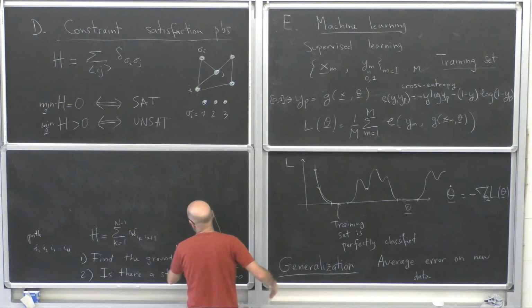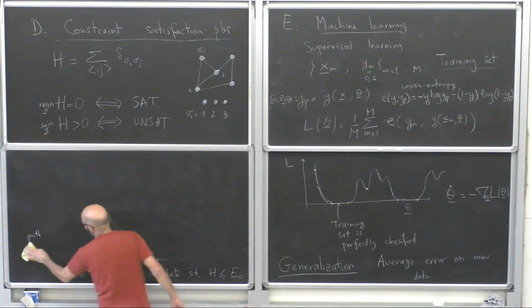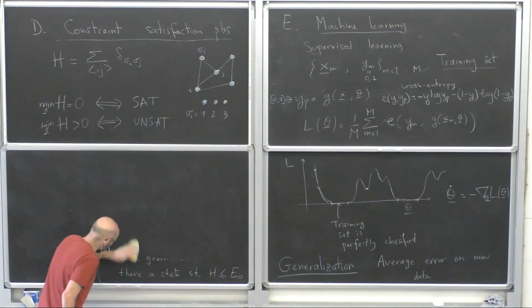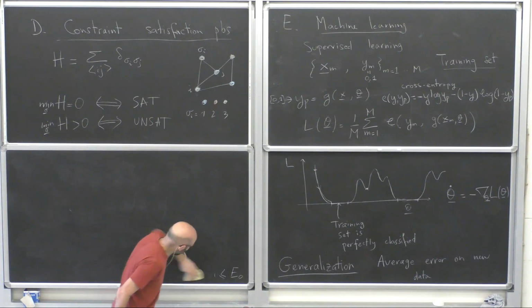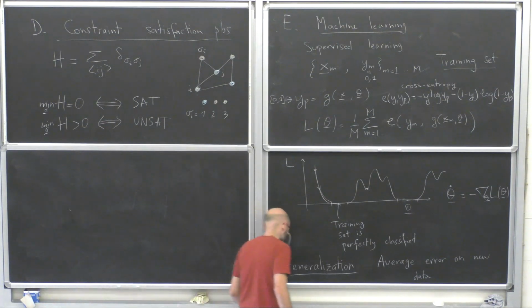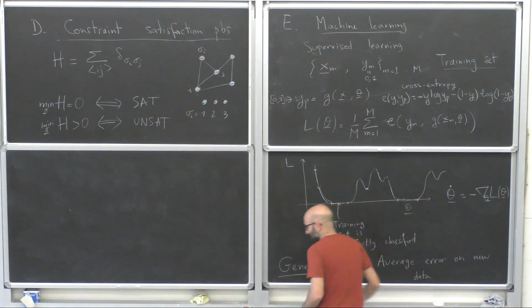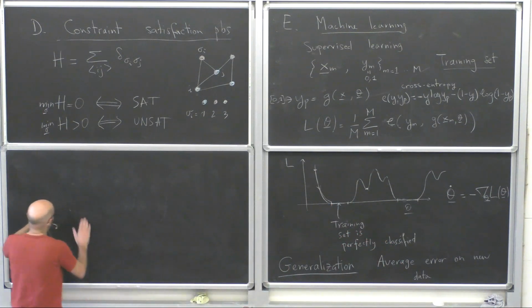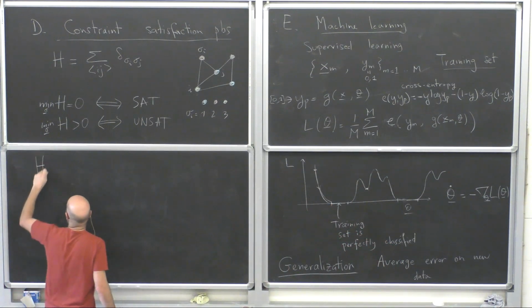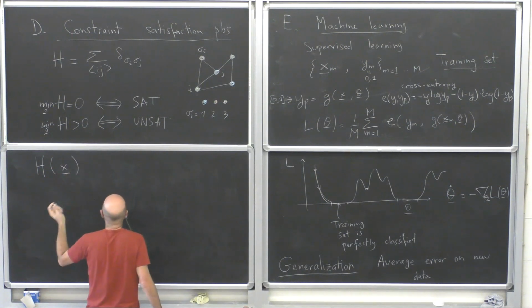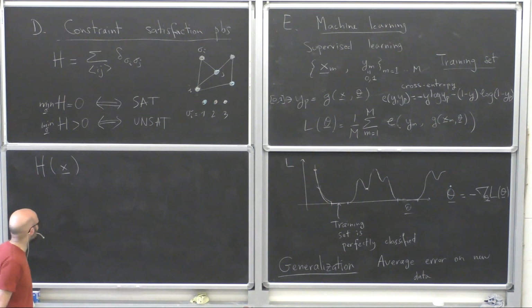The problem we have, and I hope at this point you agree that it's interesting for many different applications, is that we have some function h of some degrees of freedom x that we want to minimize somehow.